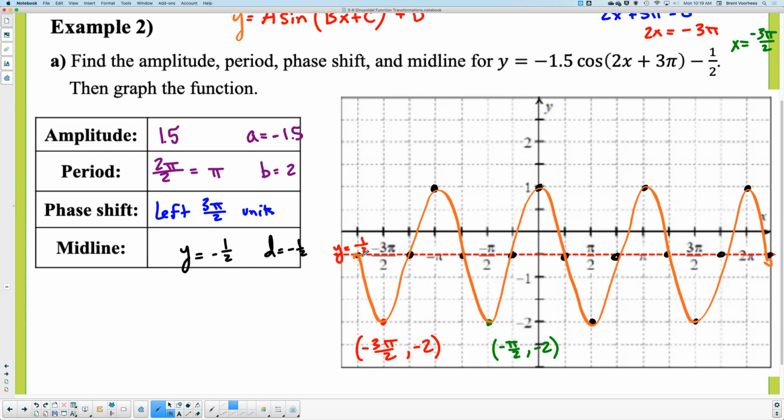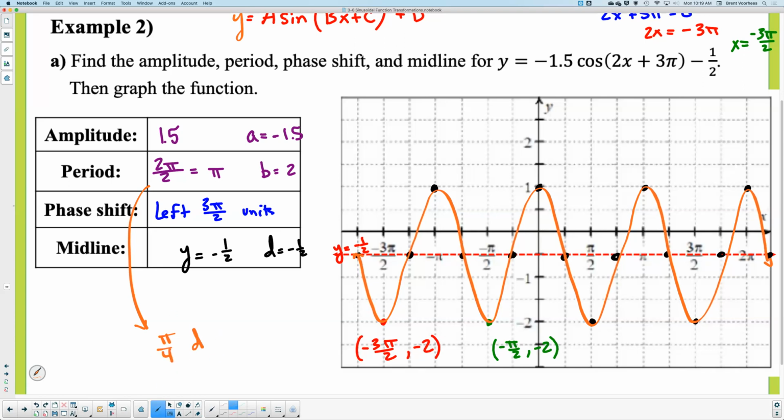One more way from earlier in this lesson, if you're like, wait, how do I know how far to space apart these key points? Remember what you can always do is take that period and divide it by 4. So you take your period and you divide it by 4 if you want to know how far to space apart the key points.